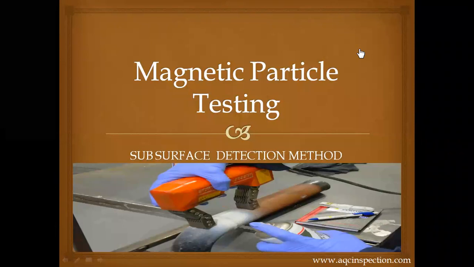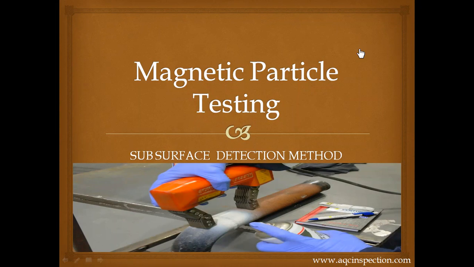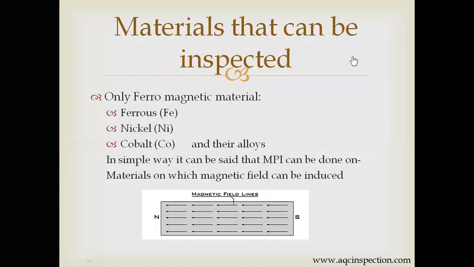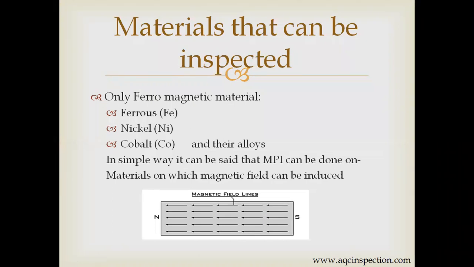Now we are going to discuss magnetic particle testing, which is a surface and subsurface defect detection method. Magnetic particle testing, MPI, is a non-destructive testing method which can be used only on ferromagnetic materials.